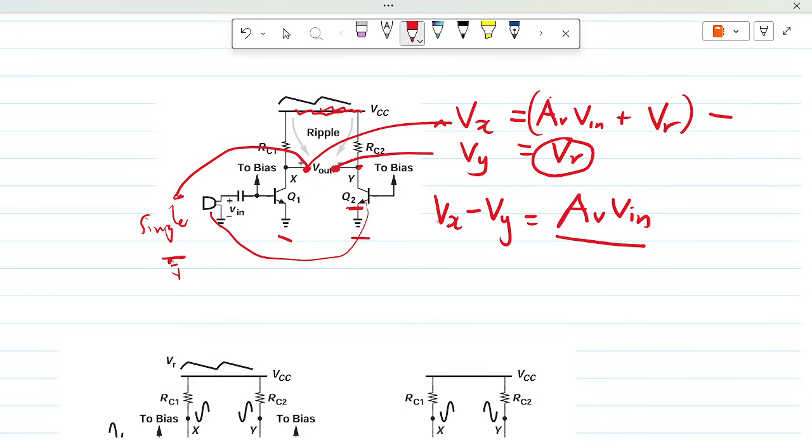At this point one may be wondering if we could do something with Q2 not to waste power, because as it stands Q2 is biased, and by bias I mean there's a constant IC going through Q2, and this constant IC is going to consume power.